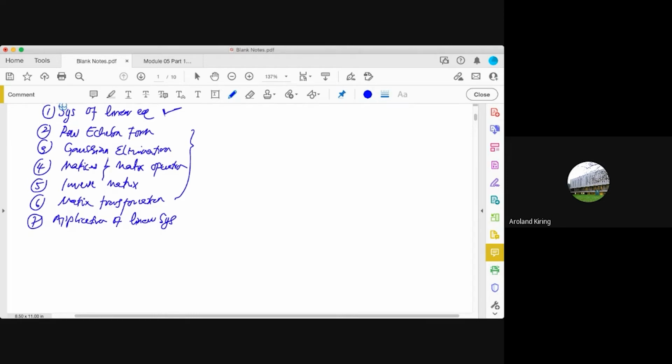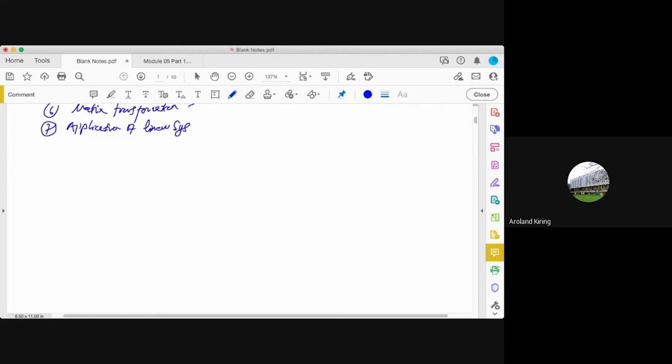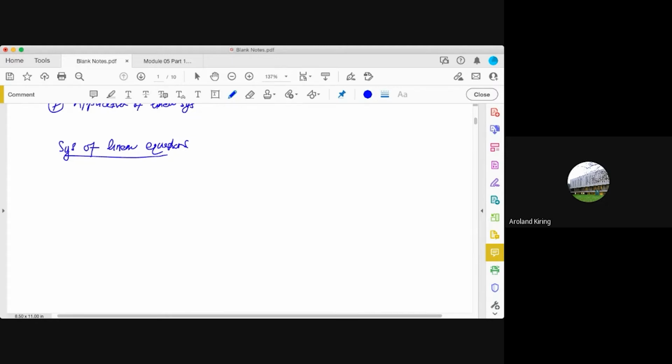Okay, so we are going to look at what is meant by a system of linear equations. A system of linear equations is a system that consists of linear equations.